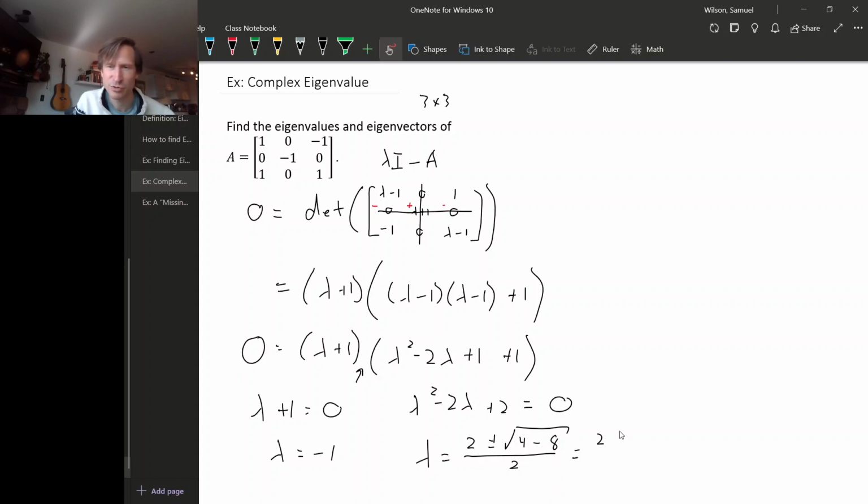So 2 plus or minus the square root of negative 4. This isn't real, but it does make sense as a complex number. So this is 2 plus or minus 2i over 2, so this is 1 plus or minus i. So this eigenvalue came out to be complex.